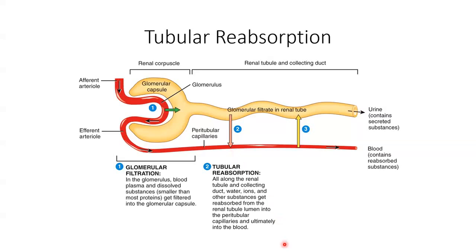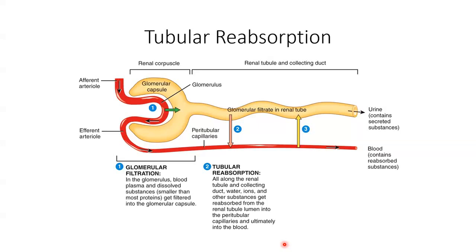So a lot of reabsorption occurs along the renal tubules and the collecting duct, because remember with our glomerular filtration, basically everything except for blood cells and large proteins are filtered out of the blood and into the Bowman's capsule. So if we continued like this, and if we didn't have lots of reabsorption going on, then our bodies would very, very quickly run out of water and run out of nutrients, and we would just be urinating all the time.